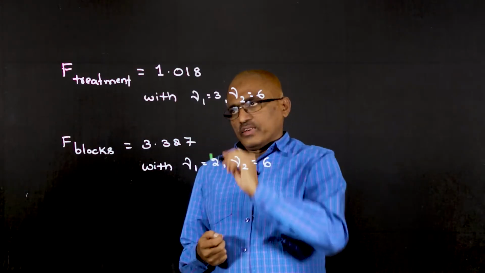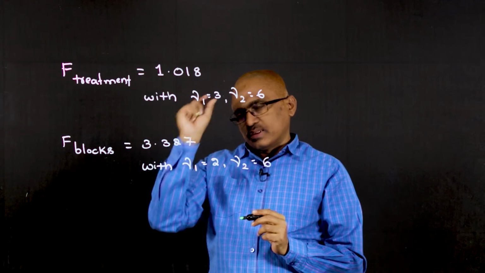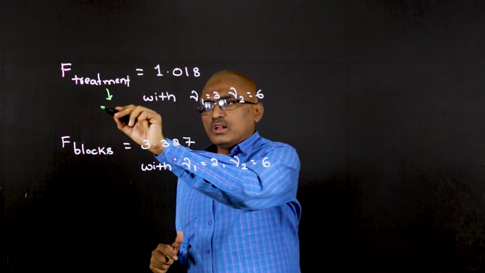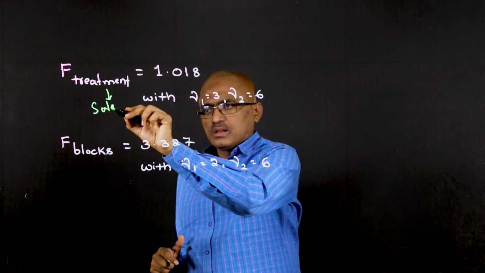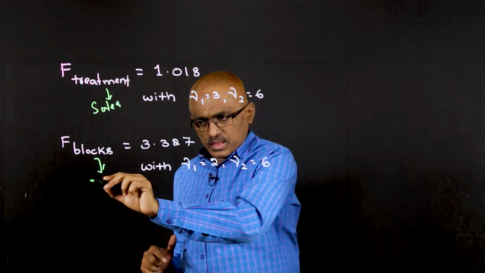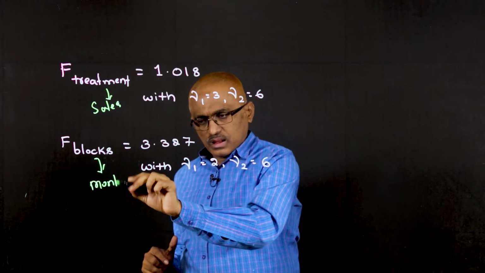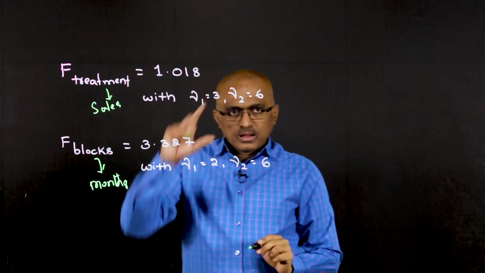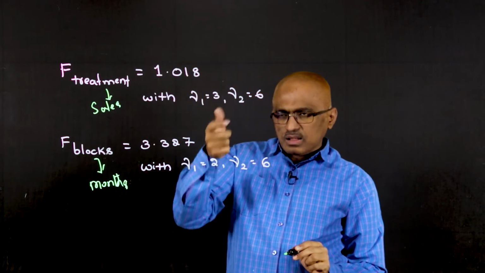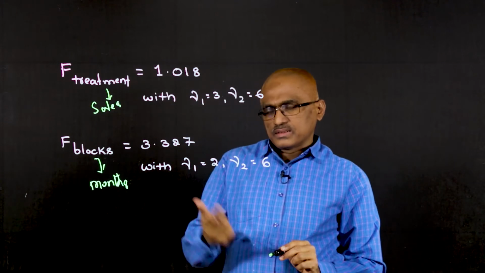Now we had two F values. One is F with treatment, that is with respect to the sales teams, and this is with respect to blocks, that is the months. If you remember the beginning, we are going to test one hypothesis related to sales and one more hypothesis related to months.